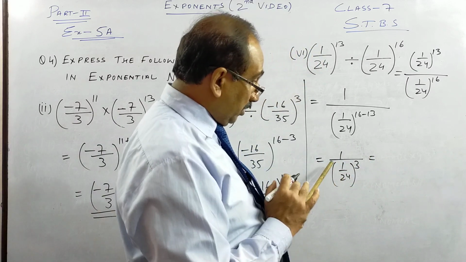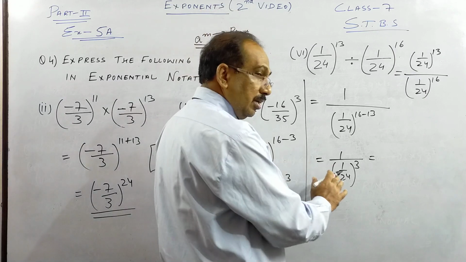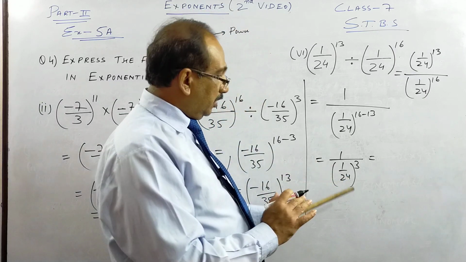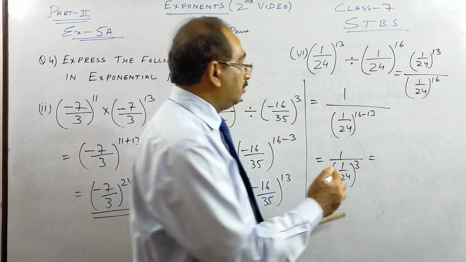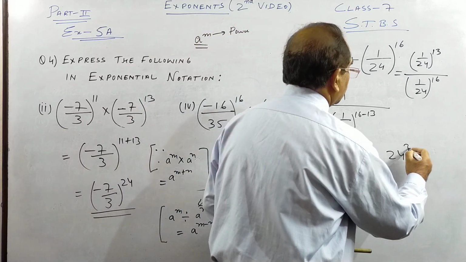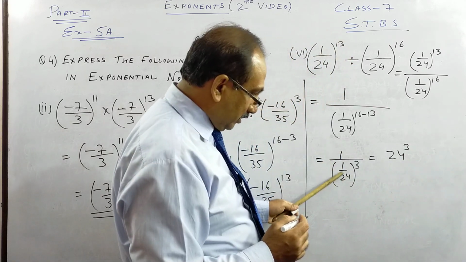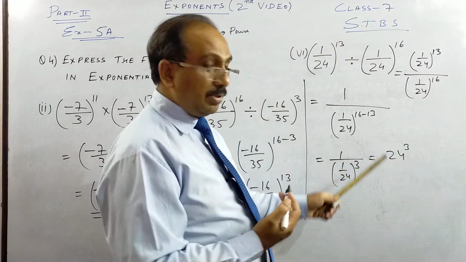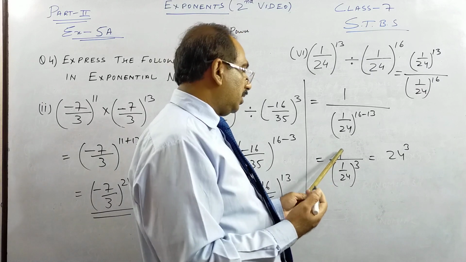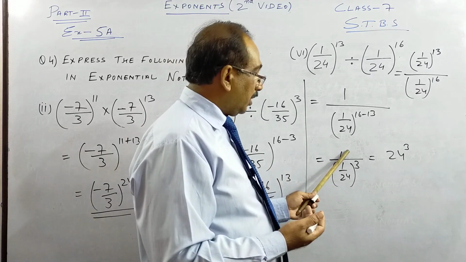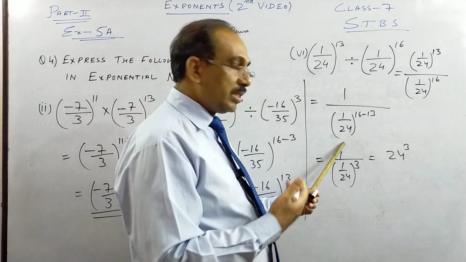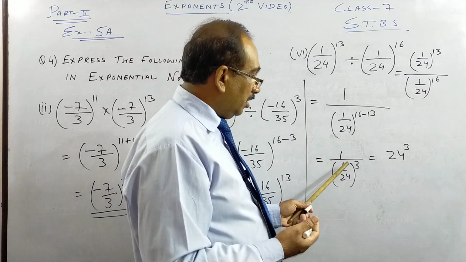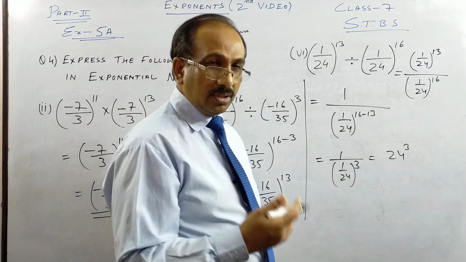Now there is one more thing, you cannot leave the answer here. Here is one small thing I am telling you: the denominator becomes the numerator, and the numerator remains the numerator, which you will see later on when you do fractions. So remember, the denominator becomes the numerator.